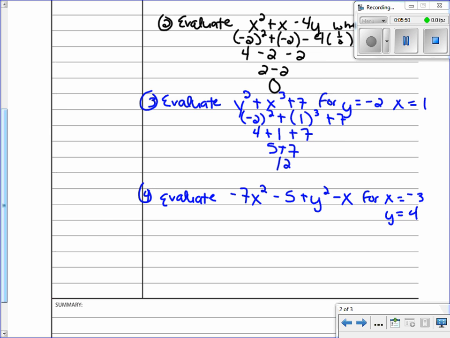So the first term is negative 7x squared, negative 7 parentheses negative 3 squared. Instead of the x, I substituted in parentheses negative 3. Minus 5 stays the same. The next term is plus y squared. Instead of y, I'm going to substitute 4, so plus parentheses 4 squared. Minus x, instead of minus x, I'm going to write minus parentheses negative 3.